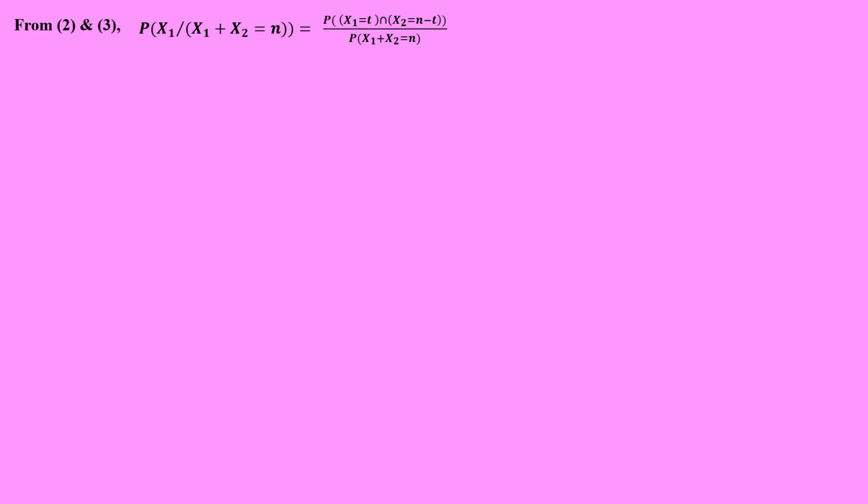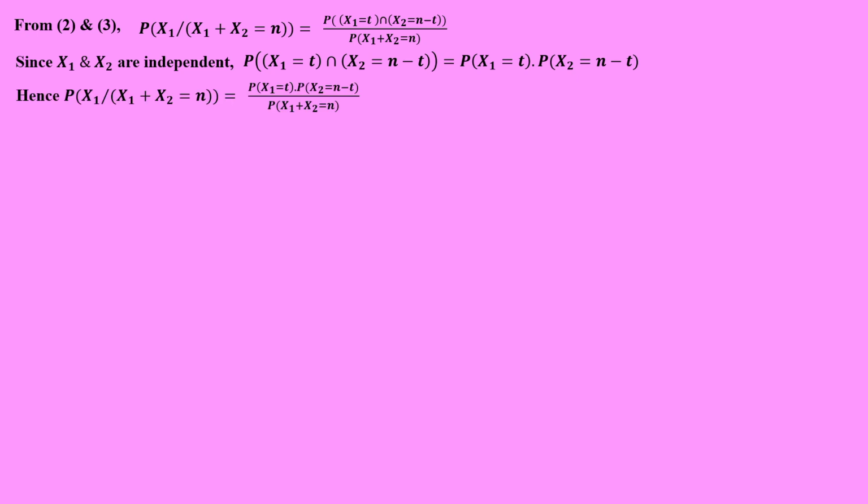So from 2 and 3, we are substituting the probability values in the numerator, divided by probability of X1 plus X2 equal to n. Since X1 and X2 are independent, probability of X1 equal to t intersection X2 equal to n minus t is equal to probability of X1 equal to t into probability of X2 equal to n minus t, right?